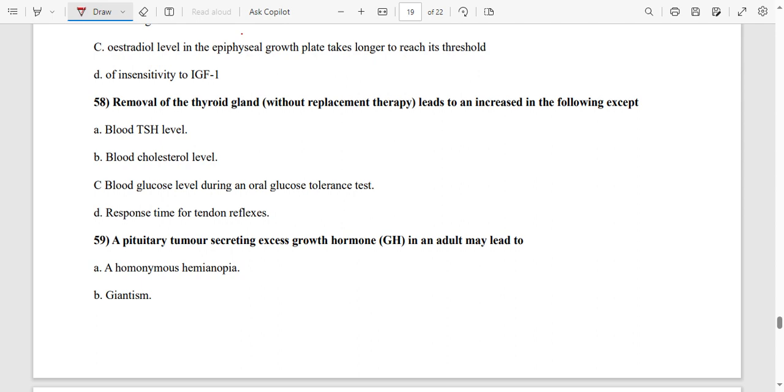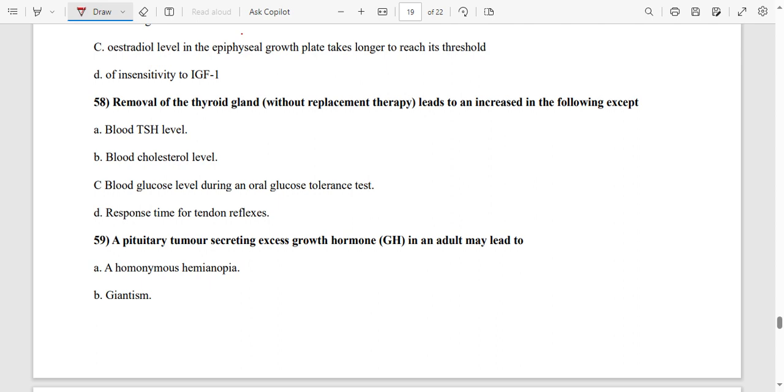So when you remove the thyroid gland and you don't replace it, it's going to lead to an increase in the following, except. Look at blood glucose levels during an oral glucose tolerance. If you remove the thyroid gland, it will lead to an increase in the following: blood TSH levels.